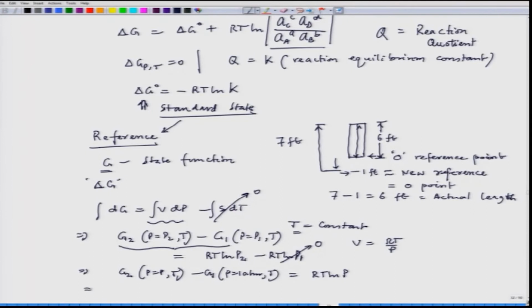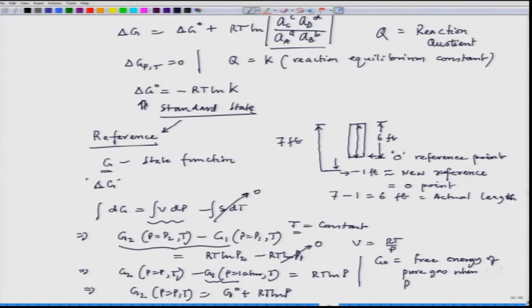So, this particular quantity we write as G0 plus RT ln P. Now, this G0 is basically the free energy of the pure gas when the pressure is 1 atmosphere, and then at any temperature, temperature could be anything.